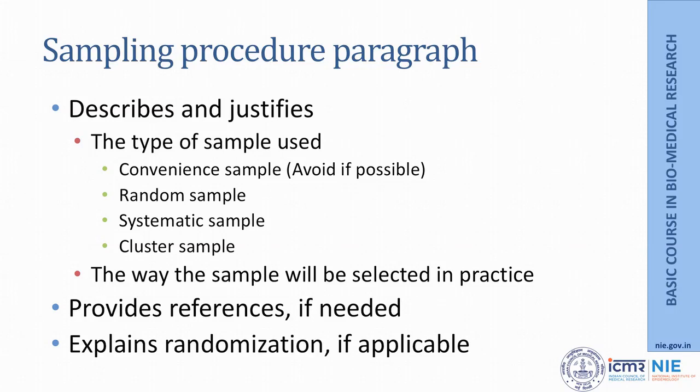You need to give in detail what type of sampling you are going to be using, whether it is a random sample or a non-random sample, using systematic sampling, simple random sampling, cluster sampling, multi-stage sampling, or whatever the case may be, as is applicable to your study, and how are you going to select this sample in actual practice.